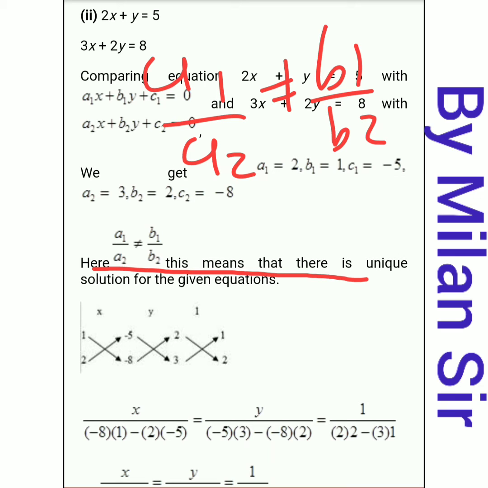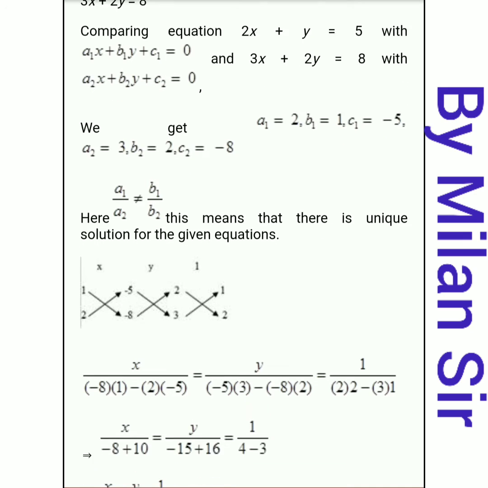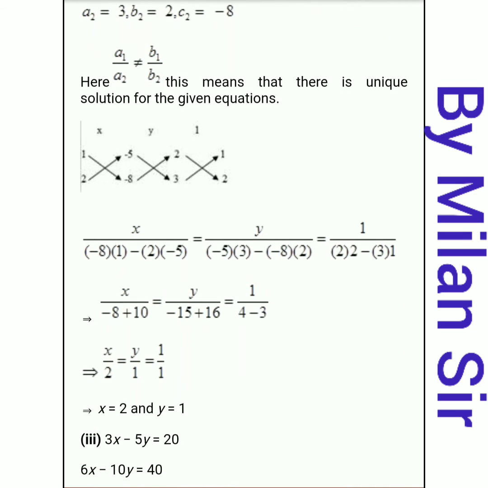Now here the unique solution is our answer, so we need to find the answer by the cross multiplication method, right? We need to solve this equation by the cross multiplication method. It is our third method, sorry, fourth method. First of all the graphical method, then the substitution method, the elimination method, now the cross multiplication method.